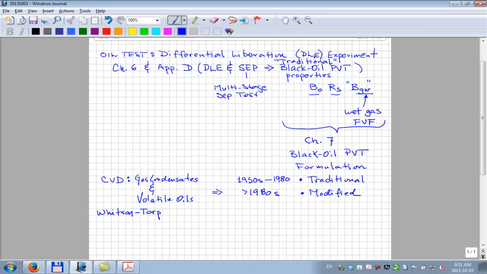Essentially nobody uses the measurements directly in their engineering calculations. Instead, we use those measurements to create a more general PVT model called an equation of state. That model is then used to create these black oil tables. So that is today's work process. It's no longer using the laboratory data directly.